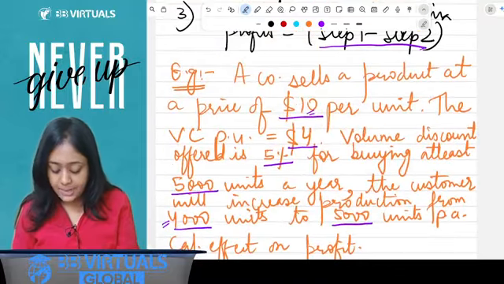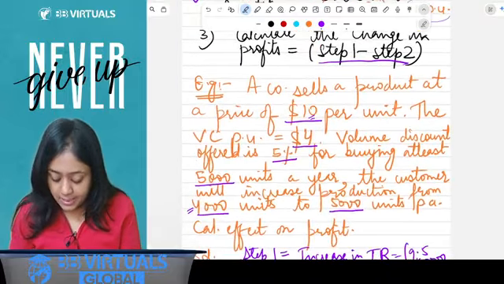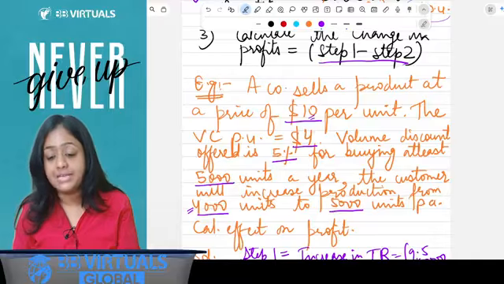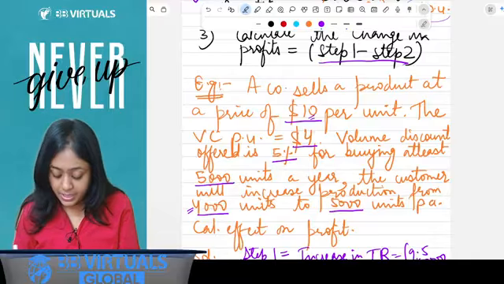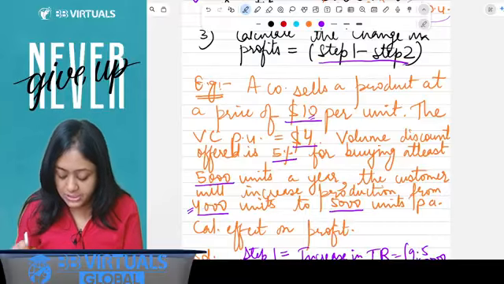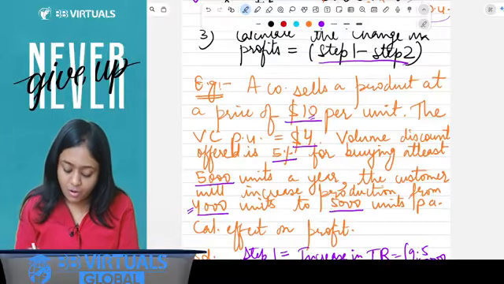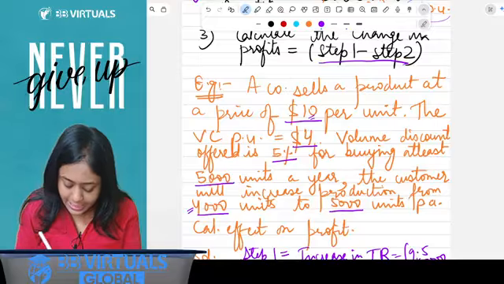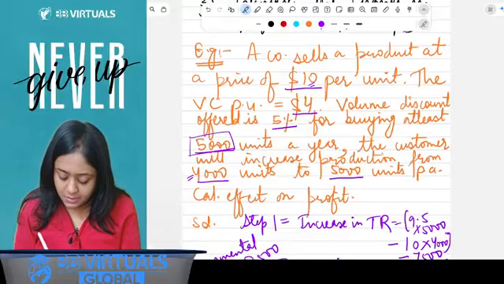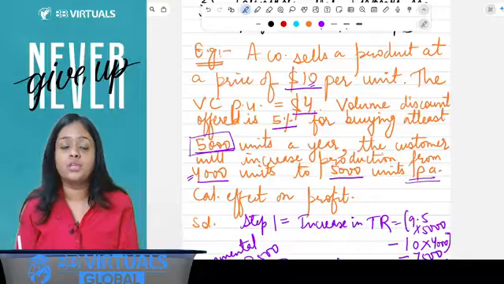So let's take an example for this. Let's say that a company sells a product at a price of 10 per unit. The variable cost per unit is 4. The volume discount offered is 5% for buying at least 5,000 units a year. The customer will increase purchases from 4,000 to 5,000 units. What is the effect?